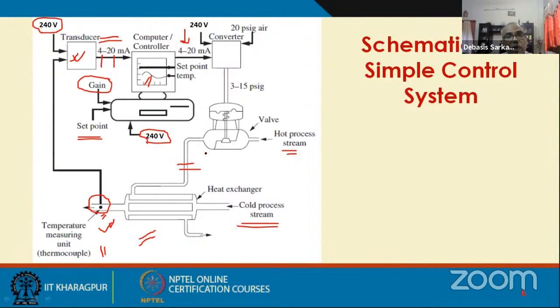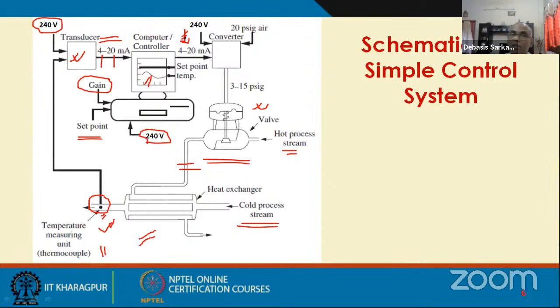Now, we are manipulating the flow rate of the hot process steam using a pneumatic control valve. This pneumatic control valve does not understand an electrical current signal.